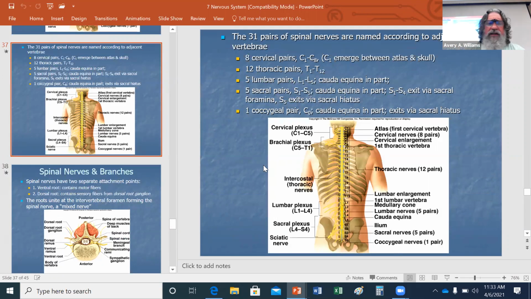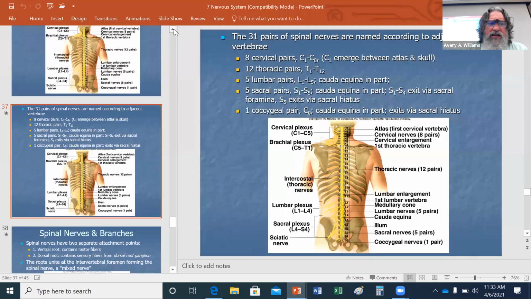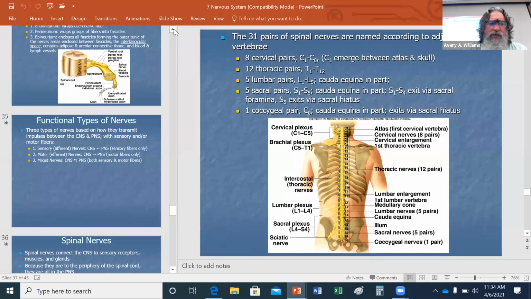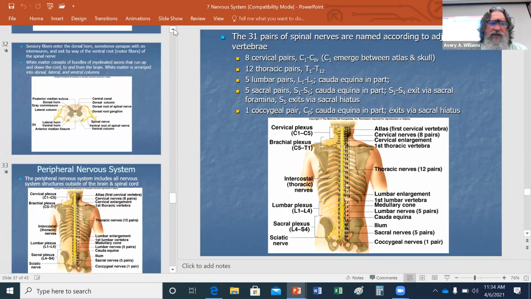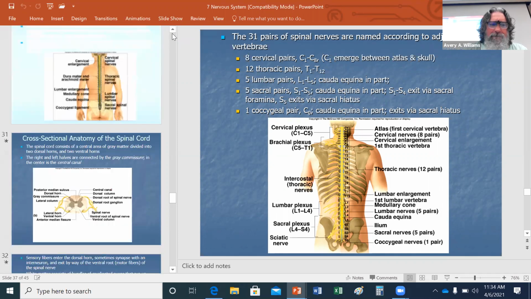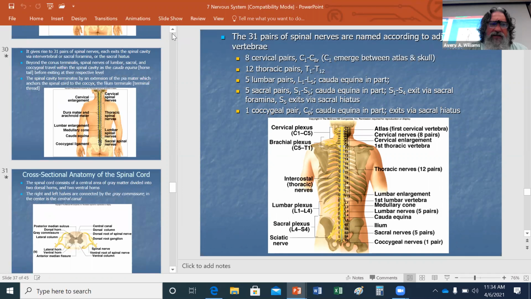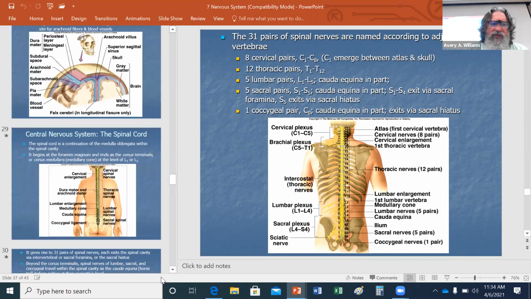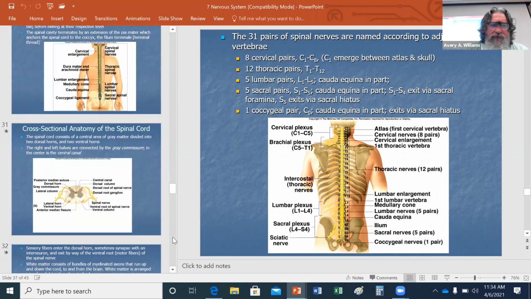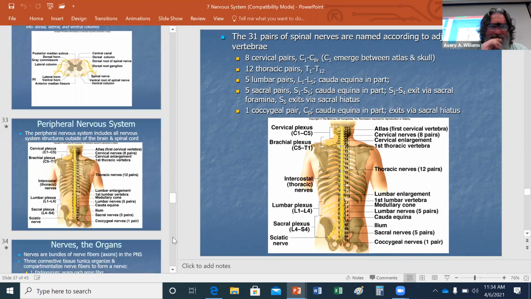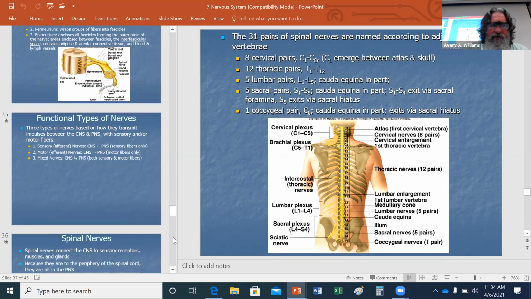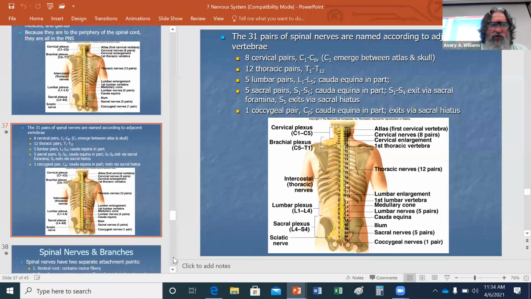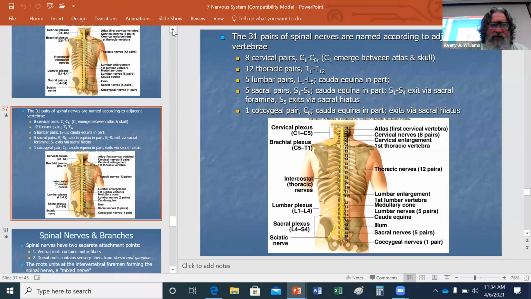Remember, let's see, let's go back up to the branches. Where was I talking about? Not that. Spinal nerves. Hang on.